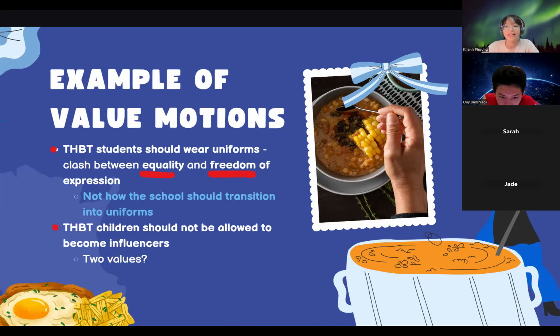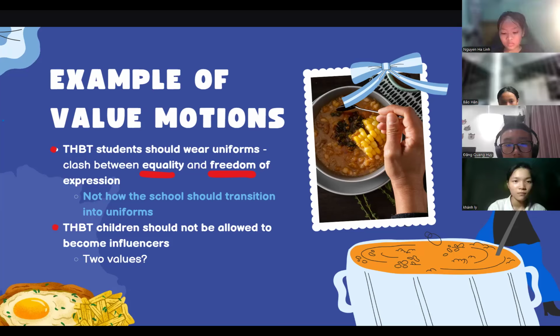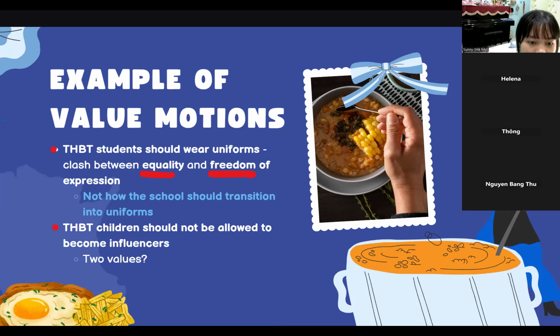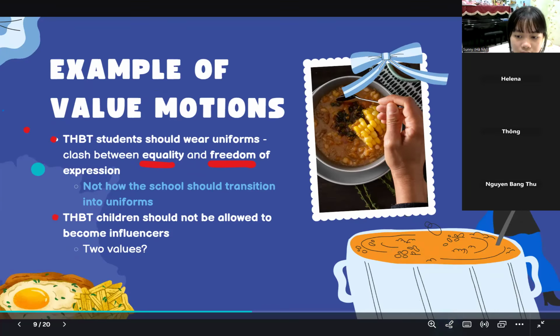All right, let's see if any of you have any different values. The same one would be okay. Anyone else? I see Sunny, you just came in, right? So yeah, today we are just learning about different types of motions. Let me come back a bit.